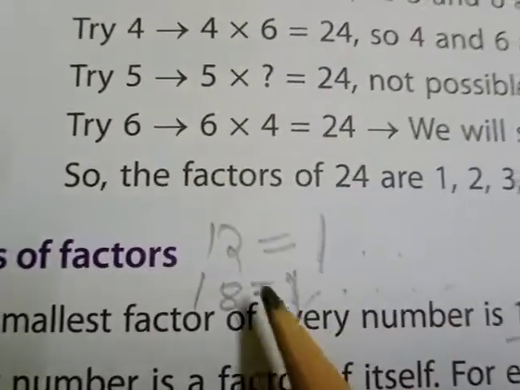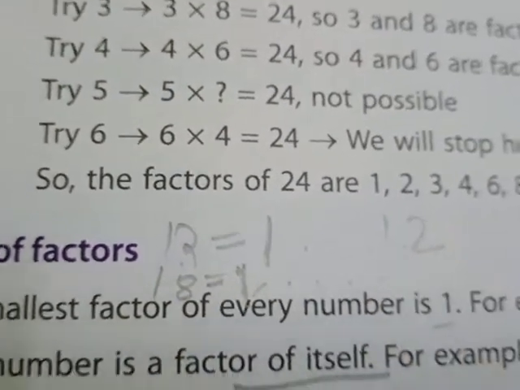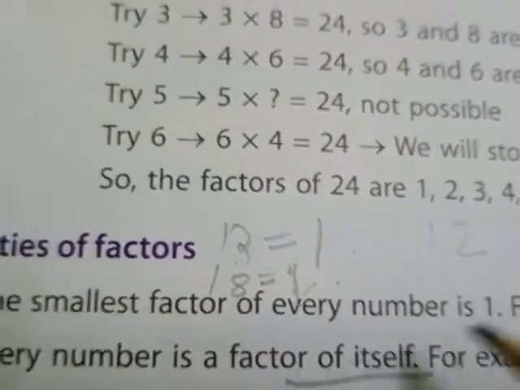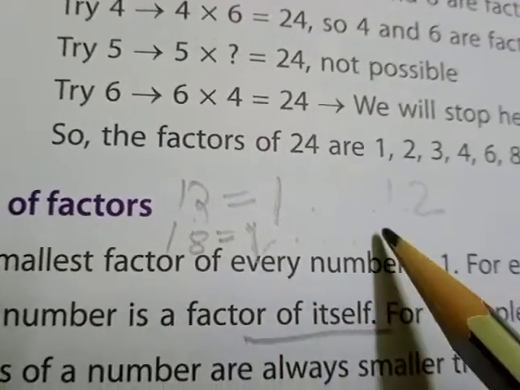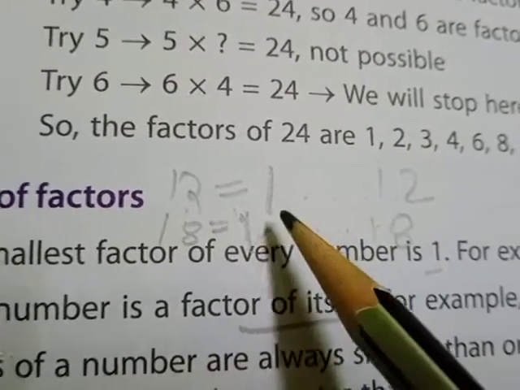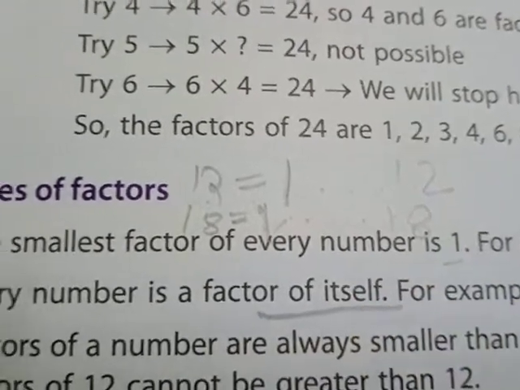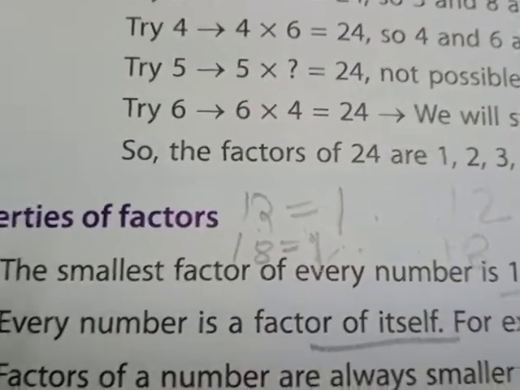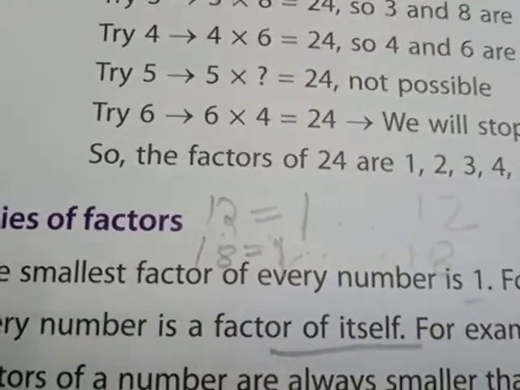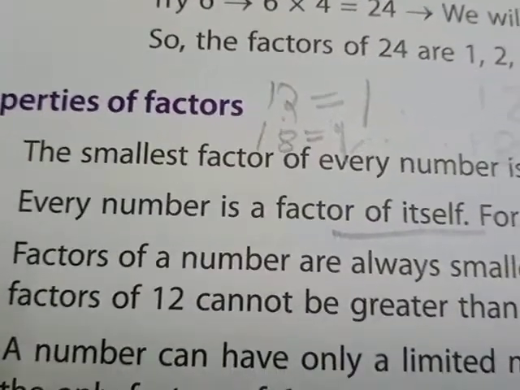Suppose we have to write the factors of 12, so 12 will come in the table of 12, na? 12 ones are 12. We have to write the factors of 18. 18 will be its own factor also. Means 1 will be there, then many in the middle also, and then 18 for sure. Why? Because in the table of 18, 18 will come for sure. Got it? So all numbers are factors of themselves, keep in mind.